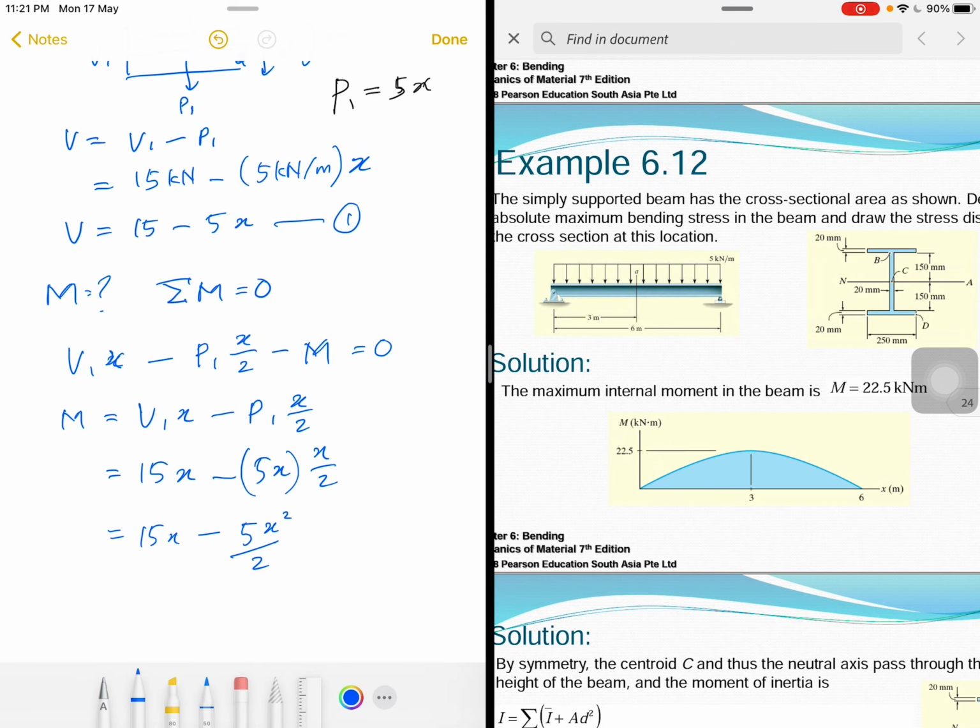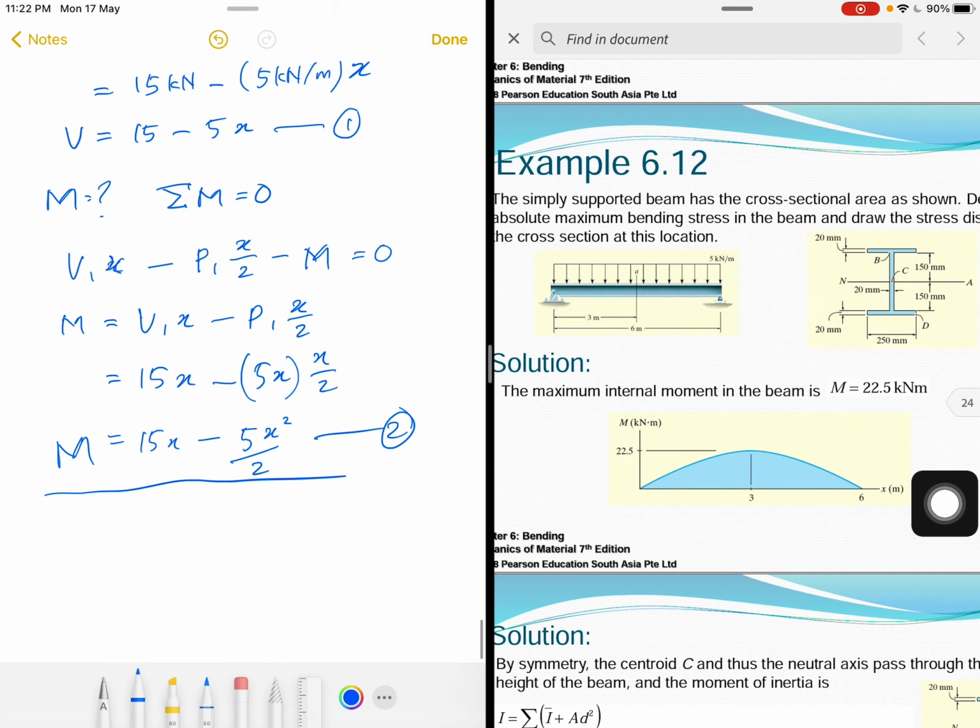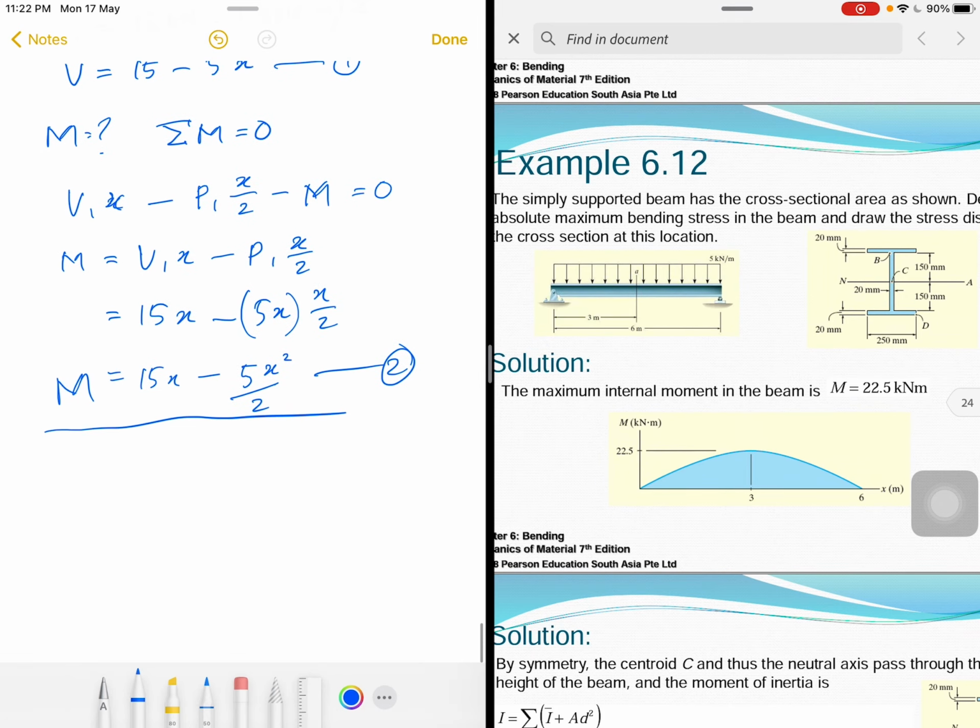so if we want to check whether this is correct or not, this is equation number 2. You can try to put the value x equal to 3. So let's try that. X equal to 3. We should have 22.5.